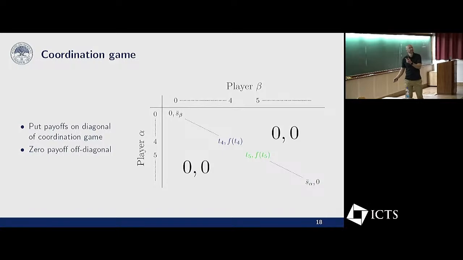Why am I doing this? Well, I'm starting with this object, this bargaining game. Okay, what can I do with it? I want to run some kind of dynamic process on it. But for that, I need objects on which I can run a dynamic process.